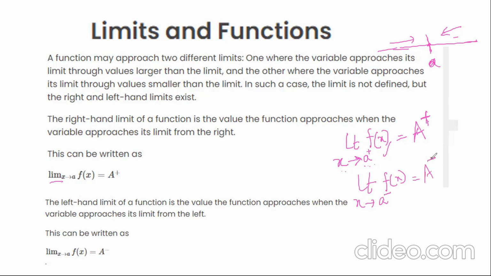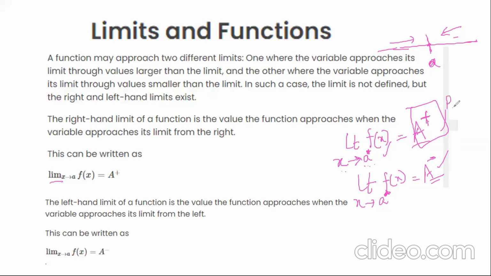So this becomes a minus. So similarly, you can represent a plus and a minus. This total thing can be a plus, and this total thing can be a minus.